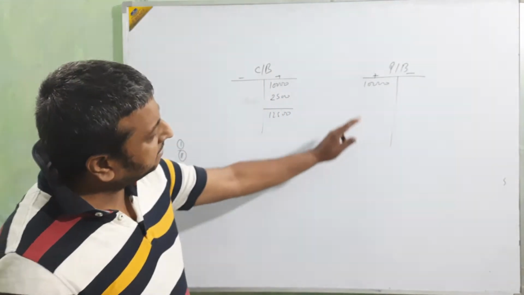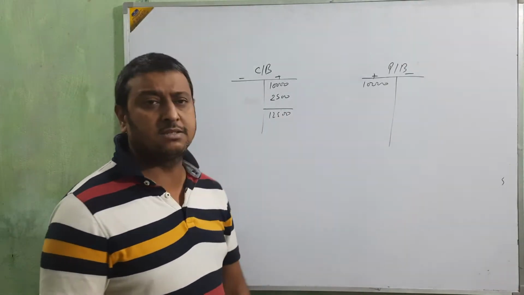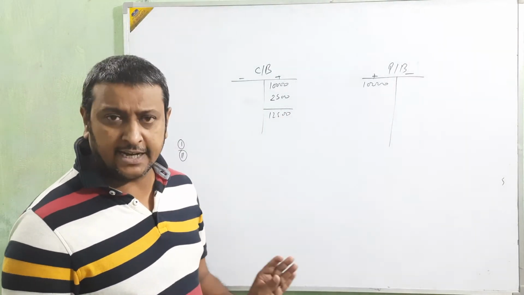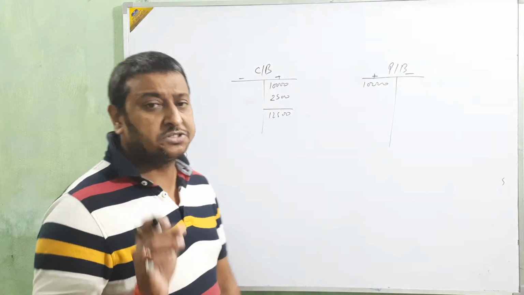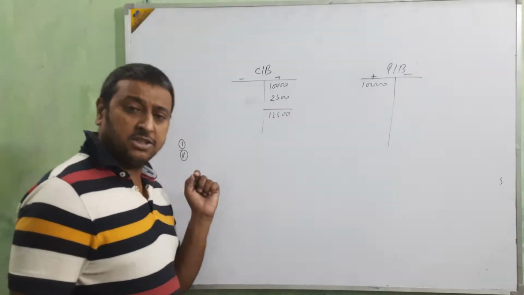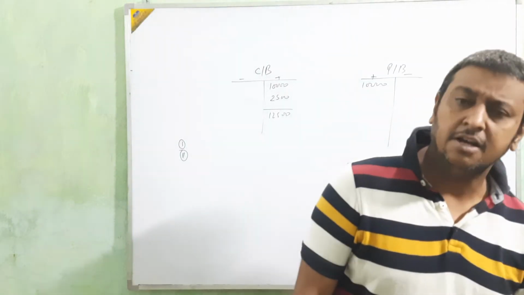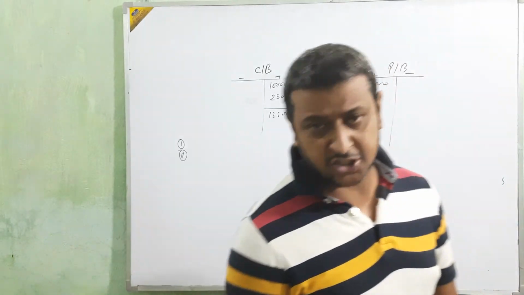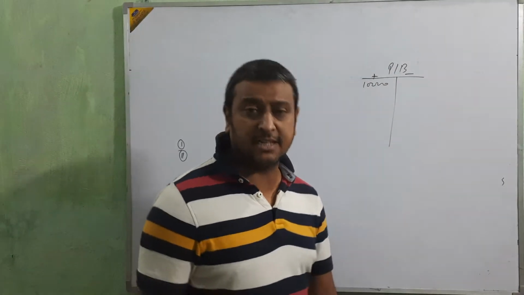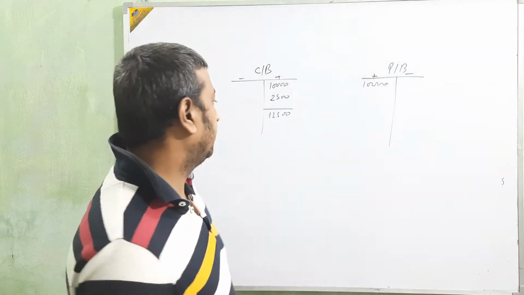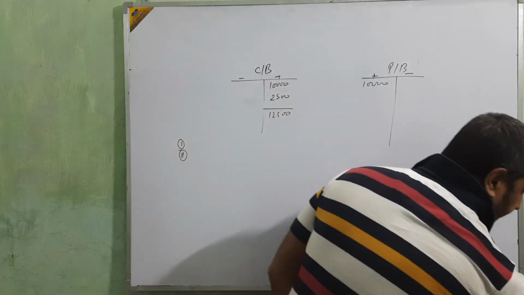So the bank balance is 10,000, but your balance is 12,500. Then a difference will come, na beta. The second reason is check sent for collection but not collected. Okay, next.